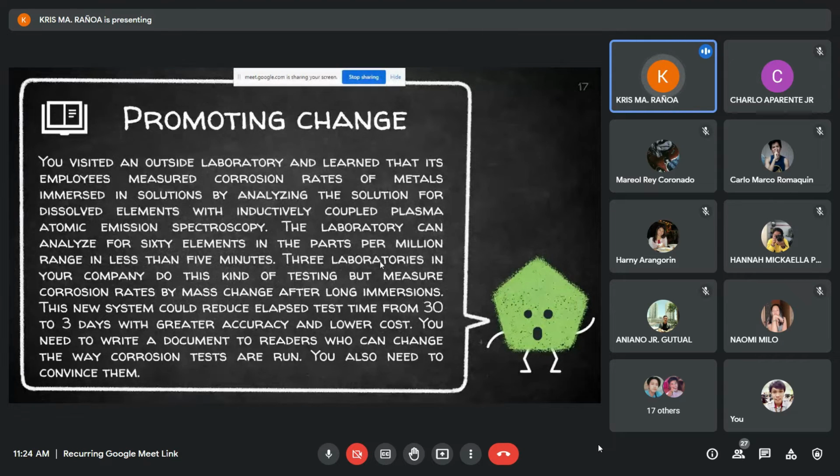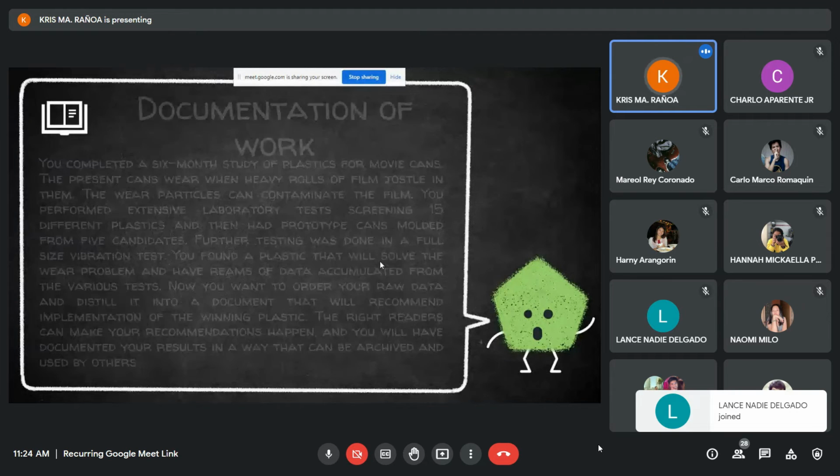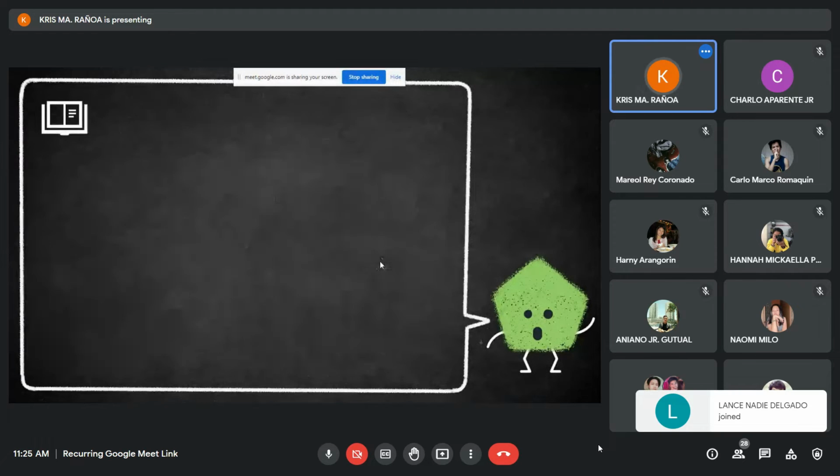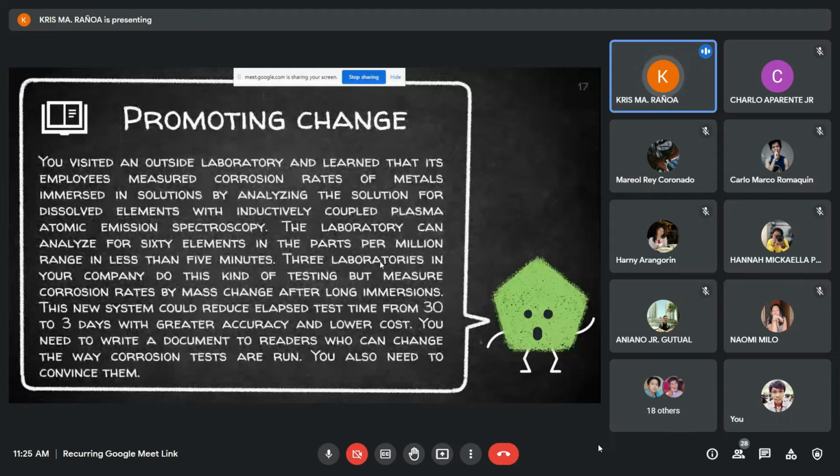The laboratory can analyze 60 elements in the parts per million range in less than 5 minutes. 3 laboratories in your company do this kind of testing but measure corrosion rates by mass change after long immersions. This system could reduce elapsed time from 30 to 3 days with greater accuracy and lower costs.